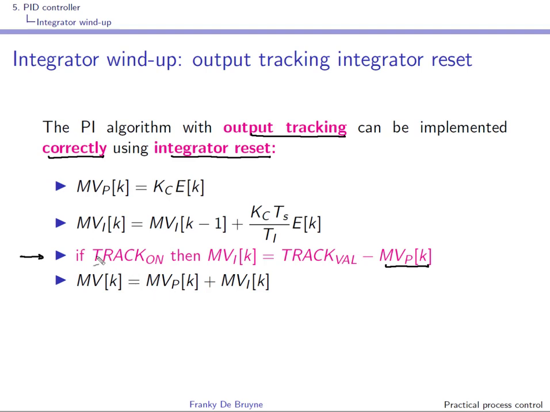So you see here that if track on goes to 1, MV will be indeed equal to the tracking value, but you have the advantage that there is no wind up of the integrator or the output of the integrator. On the contrary, this integrator is ready and is put at the correct value if at the next sample instant this one goes to 0.